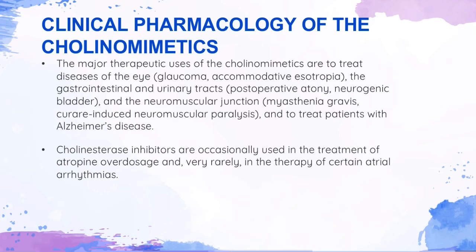So, the clinical pharmacology of cholinomimetics. The major therapeutic use of cholinomimetics is to treat diseases of the eye, for example glaucoma and accommodative esotropia; the GIT and urinary tracts, like postoperative atony and neurogenic bladder; and the neuromuscular junction, myasthenia gravis, curare-induced neuromuscular paralysis, and to treat patients with Alzheimer's.